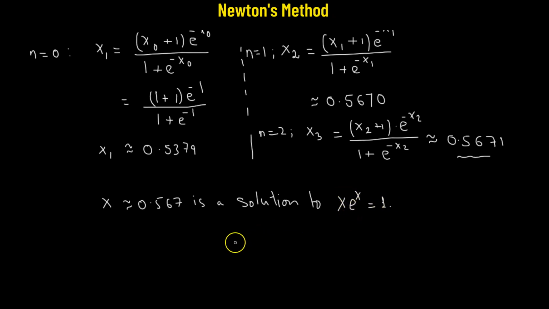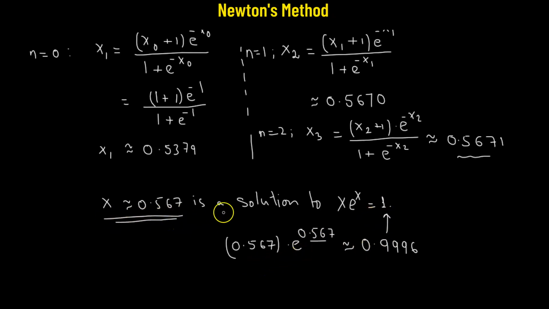Let's substitute the value of x with 0.567, so 0.567 multiplied by e^0.567. And this gives us a value approximately 0.9996, which is quite close to our value 1. So we can say that this is a very close approximation to our solution. That means using Newton's method, we have obtained an approximate root to a given equation.